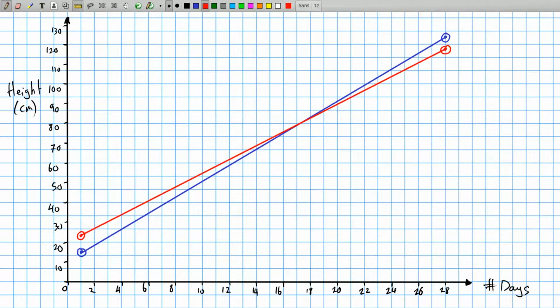Now notice that I'm not going beyond the first day to the left, and I'm not going beyond the 28th day to the right. Because you were specifically told to draw the graphs to represent the heights over the first 4 weeks, then that means you're supposed to limit it between the first day and the 28th day.